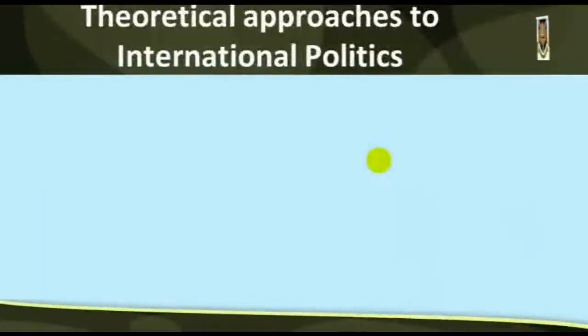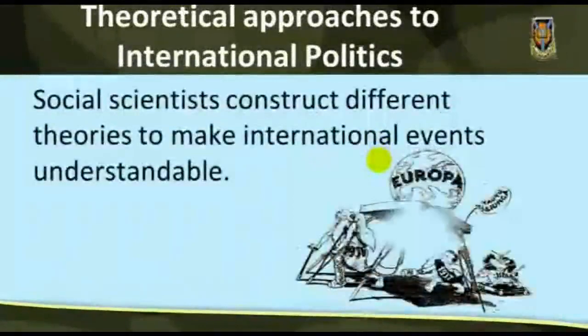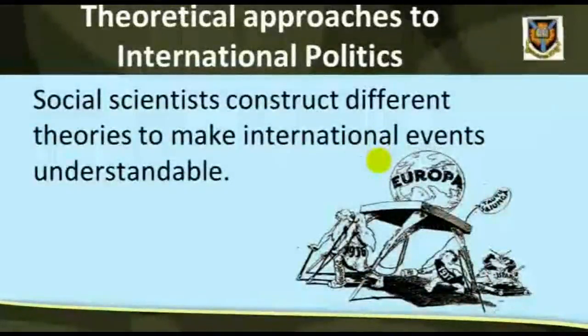Theoretical approaches to international politics. Social scientists construct different theories to make international events understandable. In this context, the theories that guide the thinking of policymakers and scholars in different historical circumstances tell us much about international politics itself.